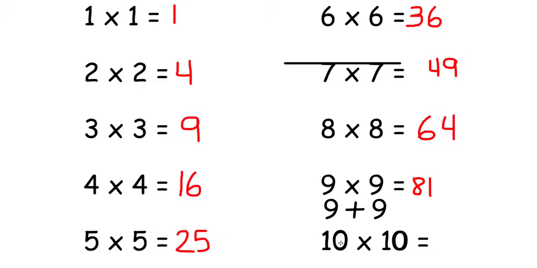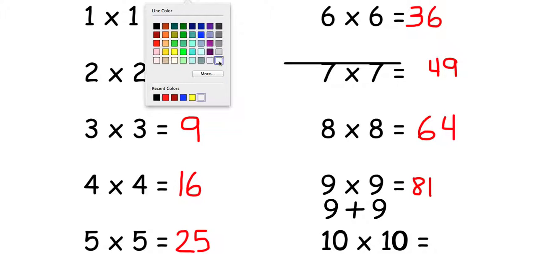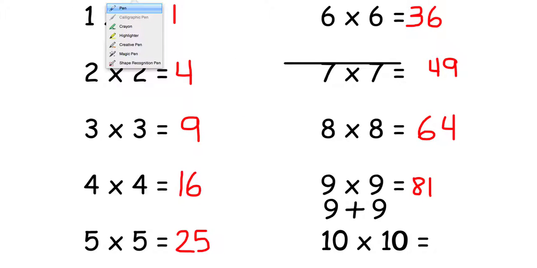And for the last one, 10 times 10, well, I can think of it without the tens right now, or the zeros in there. So pretend for a moment, and I'm going to go up here and change my color to get rid of some of the color that's here. I'm going to just make you think about pretending that there's no zero there, just for right now.